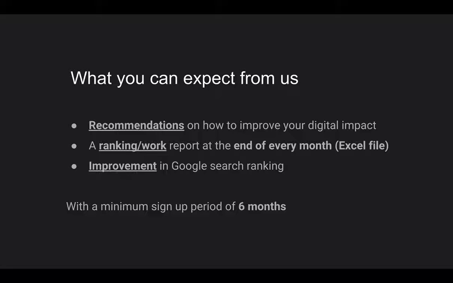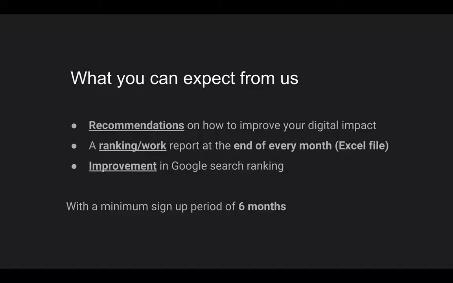So let's quickly talk about what you can expect from us. I will also send you recommendations on how to improve your digital impact, other services and ideas that you can employ to rank better, to get more business. We look at all of those things and recommend some things to you. At the end of every month, we'll send a ranking and work report so you can see how your site is doing in the rankings.